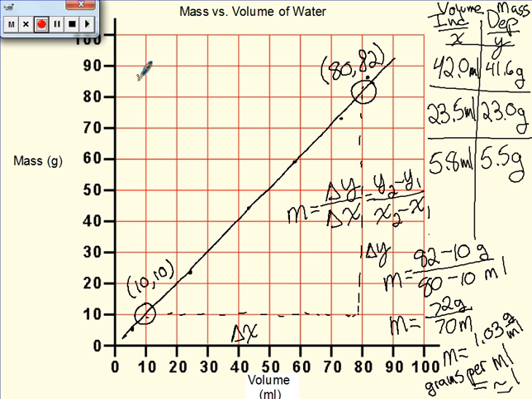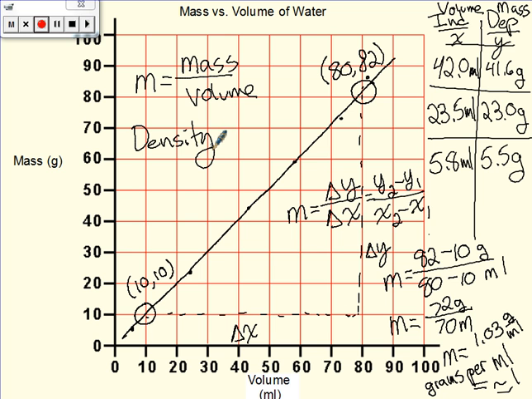Finally, we can see that the slope, which has really been calculated as taking the mass divided by the volume, you might recall as being the density of the material, which is calculated by taking the mass and dividing it by the volume.